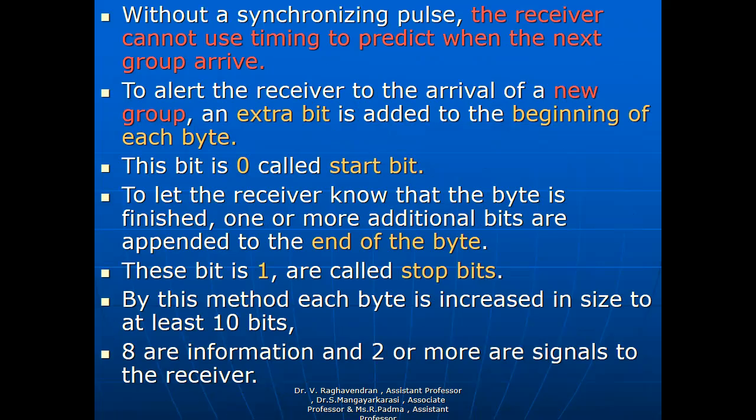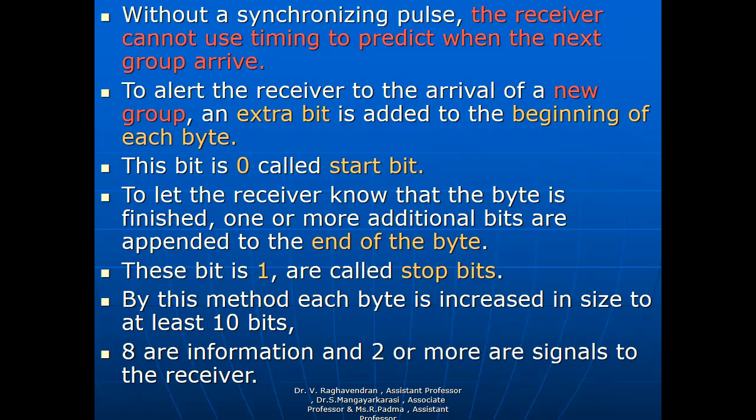One or more additional bits are appended to the end of each byte. These are known as stop bits, represented as 1. So in asynchronous transmission we use two different bits: the start bit, represented as 0, and the stop bit, represented as 1.